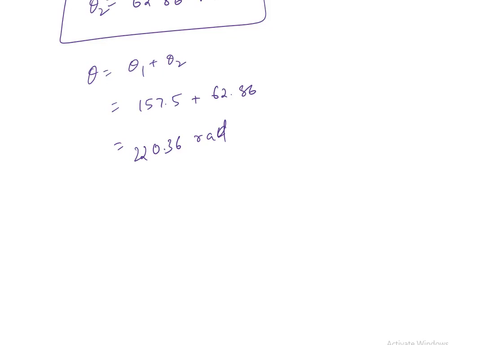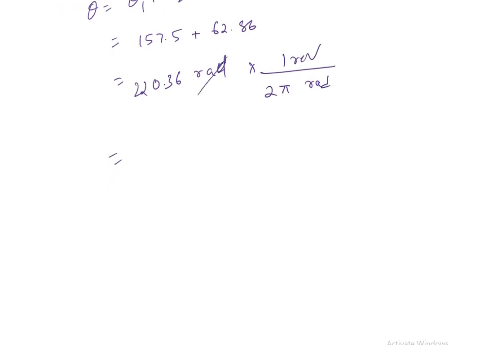If you want it in revolutions, which we prefer, we multiply radians by 1 rev over 2 pi radians, so radians cancel out. 220.36 divided by 2 pi comes to about 35 revolutions.